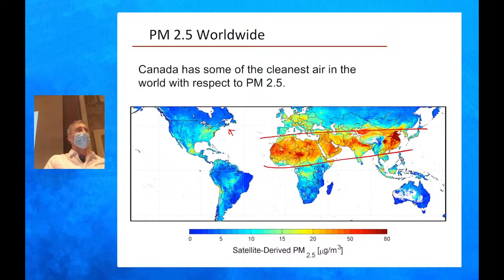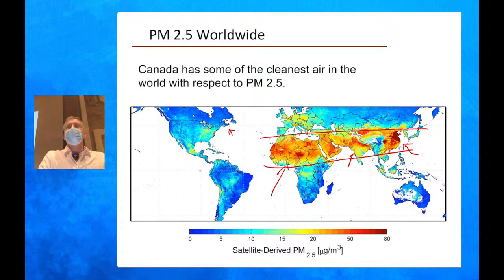Now, we talked about where it comes from. It's from burning things. Anything that creates smoke or dust or whatever contributes to this issue. And you expect maybe high levels in a place like China or India, where there's a lot of people living there and a lot of fires for food, cooking, heating, whatever. But look at Northern Africa.